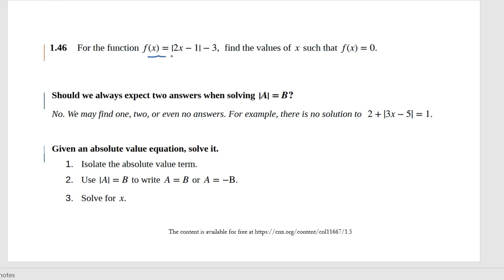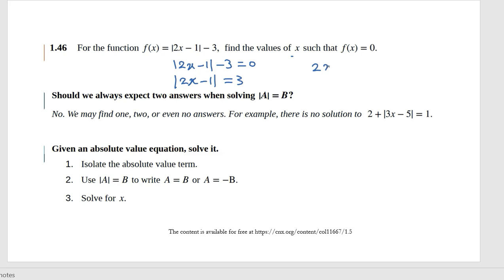For the function, find the value of x such that f of x is 0. So again, absolute value of 2x minus 1 minus 3 is equal to 0. Absolute value of 2x minus 1 is equal to 3.